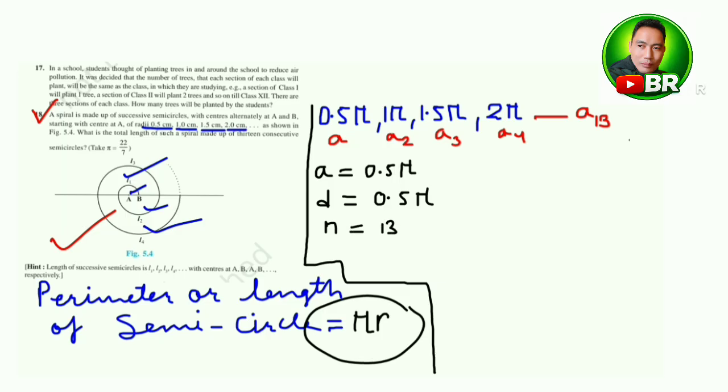Here we need to find, what is the total length of such a spiral made up of 13 consecutive semicircles. It means simply here we need to find Sn, or S13. Okay, for that we have formula. Firstly, let's proceed to next page.